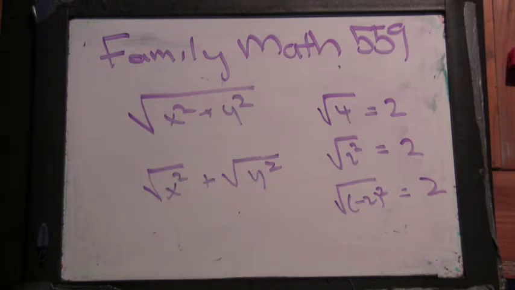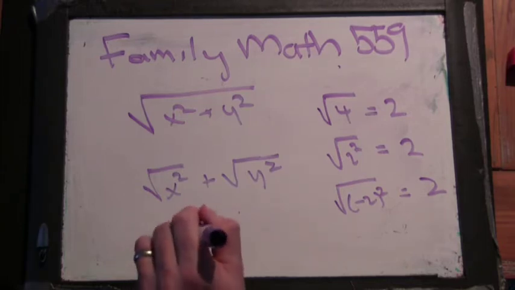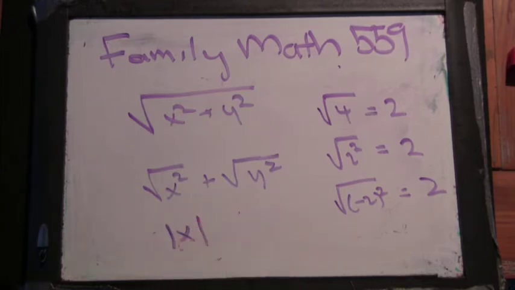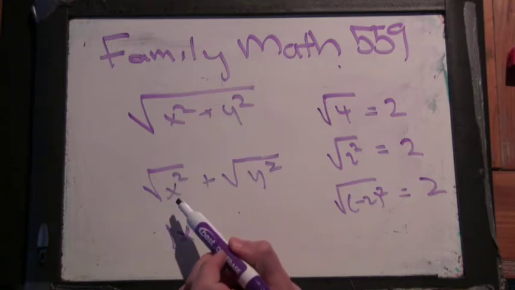It should be x. But the absolute value of x. Aha. The square root of x squared is the absolute value of x. You're right that it's either x or minus x. So the square root of x squared is x when x has what property? When x is positive.